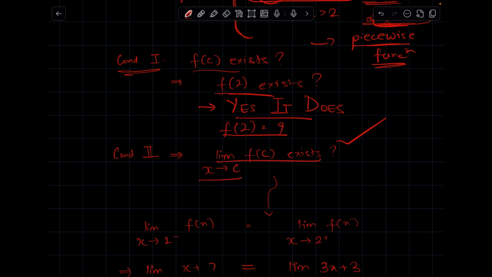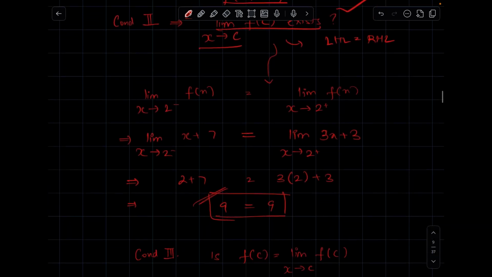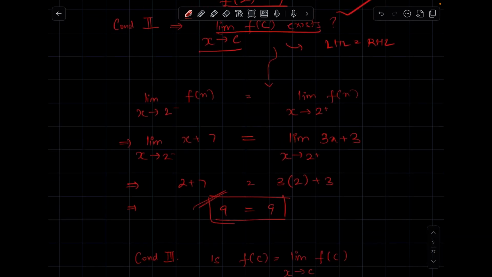Now, how are we going to find the limit? To check if the limit exists, we have to find out if the left-hand side limit is equal to the right-hand side limit. As we go to the left-hand side limit, we're approaching from negative infinity to 2, and not exactly 2, like 1.99999.